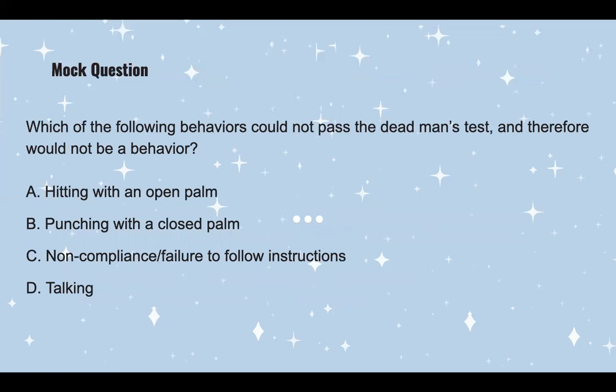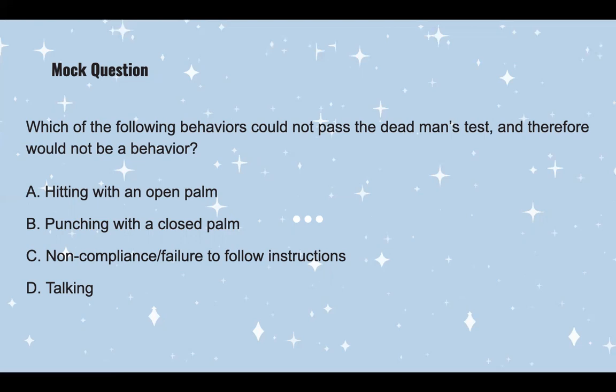So we're going to talk about that dead man's test in this example. Which of the following behaviors could not pass the dead man's test and therefore would not be a behavior? A, hitting with an open palm. B, punching with a closed palm. C, noncompliance or failure to follow instructions. Or D, talking.